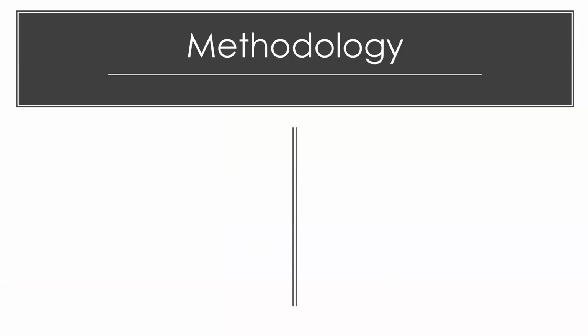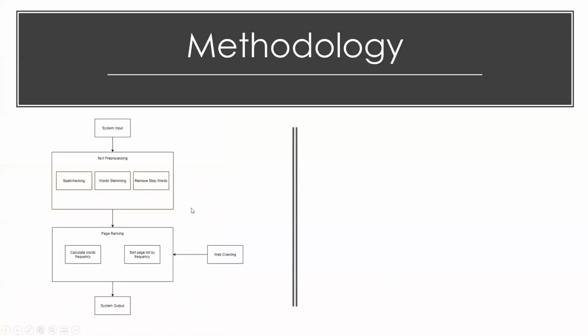As to the methodology, on the left-hand side, a block diagram displays all the main components at a high level of the search engine. We can see that the text preprocessing and the page ranking are the biggest parts of this diagram, and they contain most of the features that we have implemented for our project.